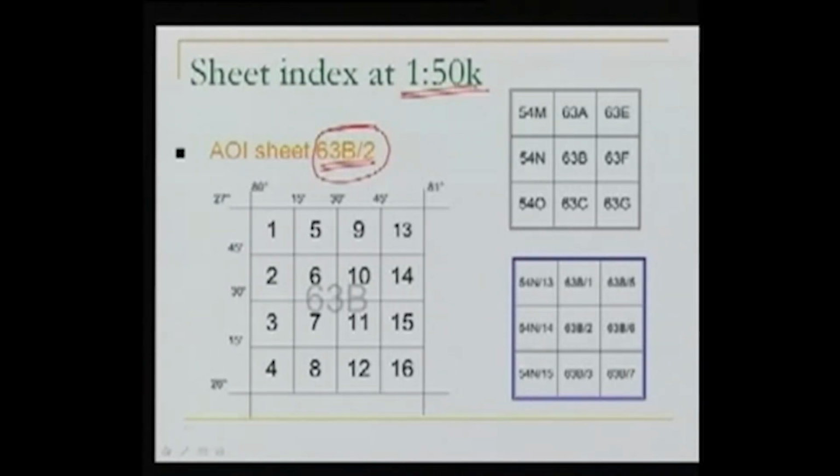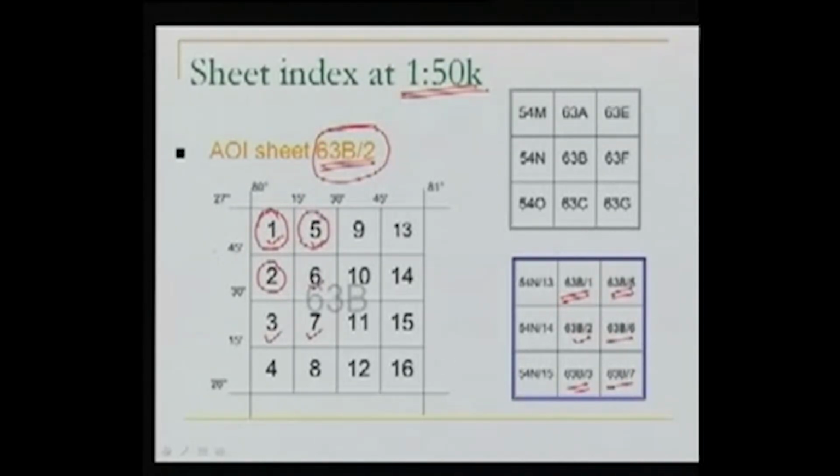Obviously, the sheet index will include these sheets, because this is our area of interest. So we make the sheet index and write it here: 63B by 2 area of interest. This one is 63B by 1, 63B by 5. So this is what we are writing: 63B by 1, 63B by 5, B by 6, B by 7, B by 3.